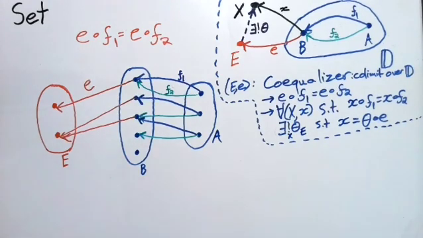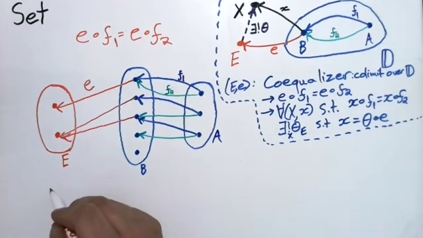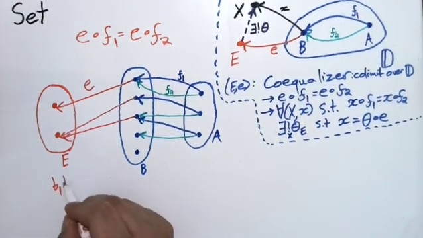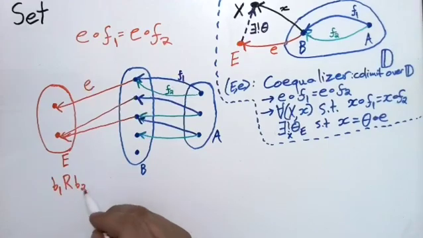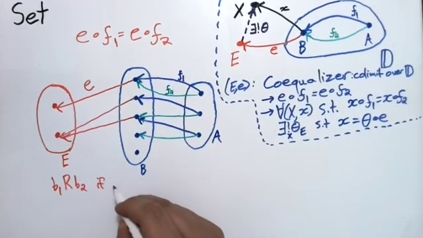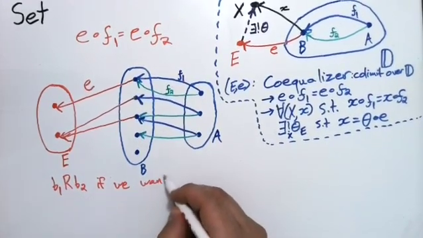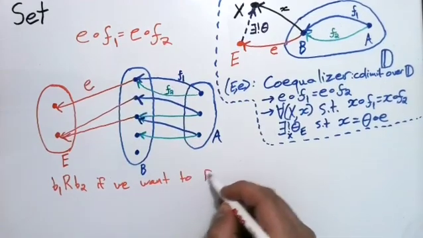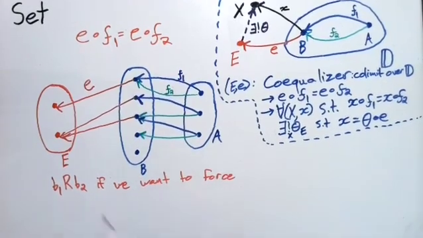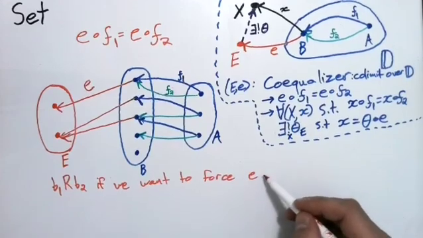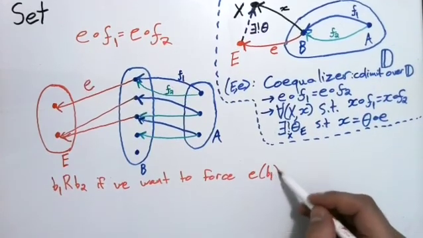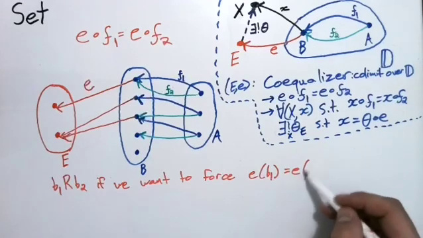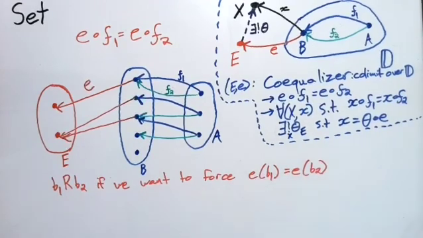We want to say that, and this isn't going to be very rigorous, like I said, let's just look at it intuitively for now. So B1 is related to B2 if we want to force E of B1 to be equal to E of B2. Right? If we want to force them to be constant by E.